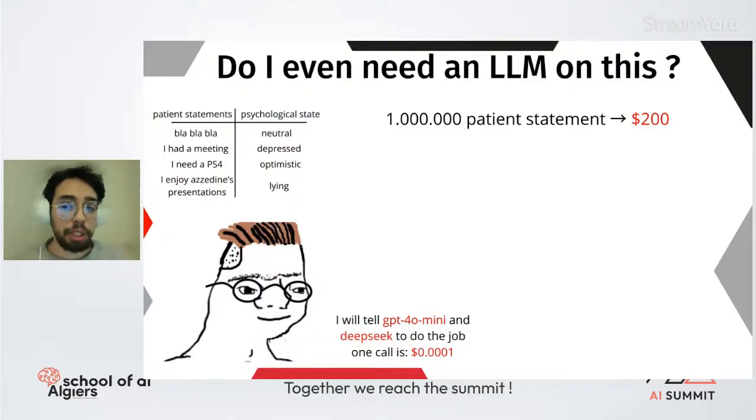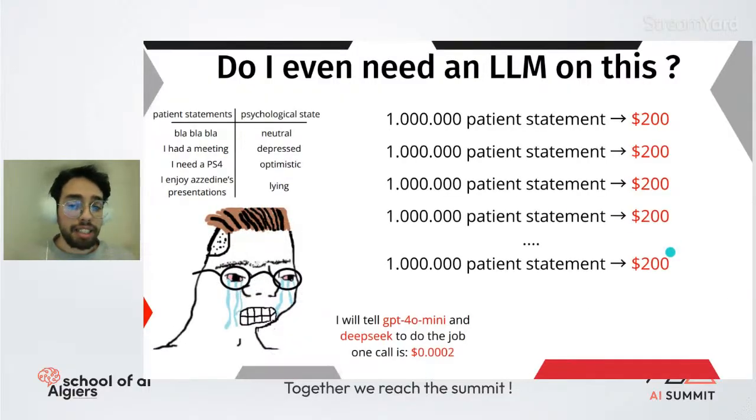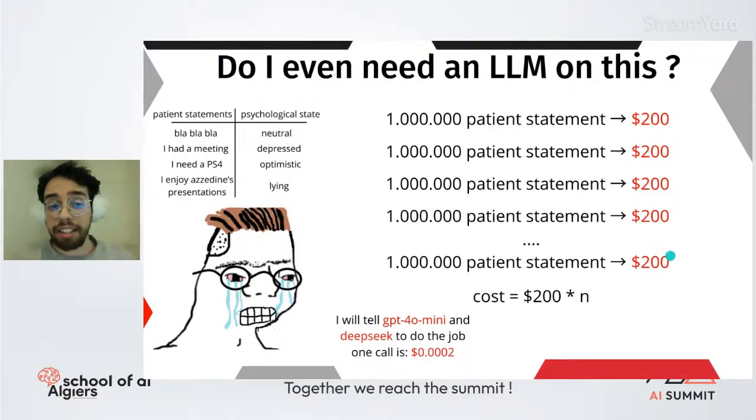And this is really typical in data science. We always want more data. We always want to know more. The more data, the better. And imagine if you deployed your system somewhere. If your system is in production and it classifies the patient statements, you will be easily multiplying this cost by n.